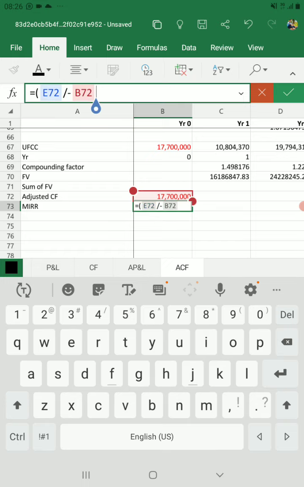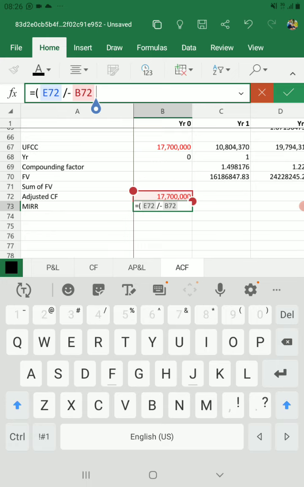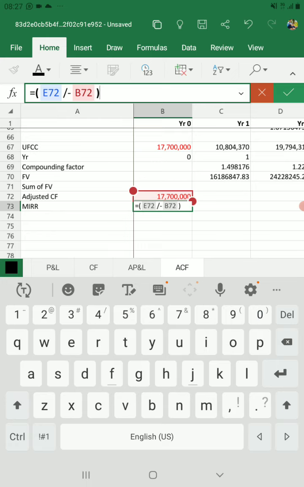Okay, so after dividing, close the bracket, and we now have to apply the root of this product, the root of number of years. In this case, n is 3.